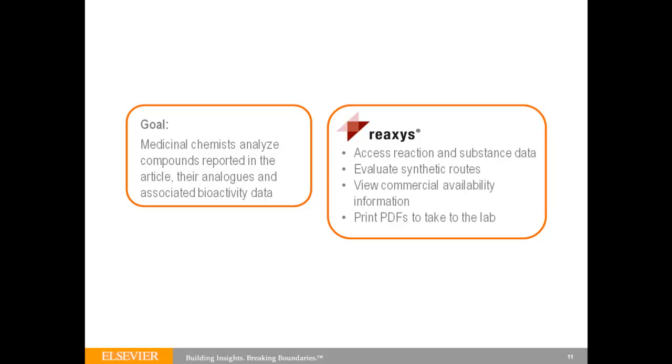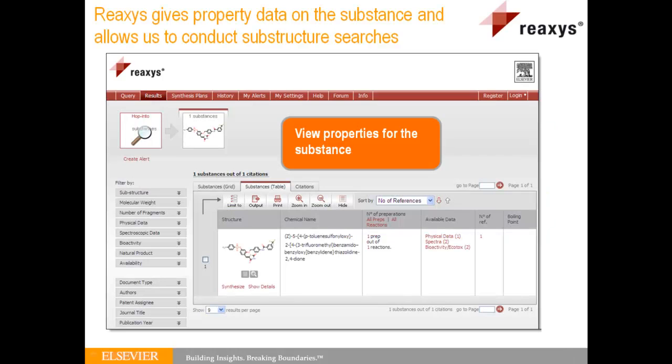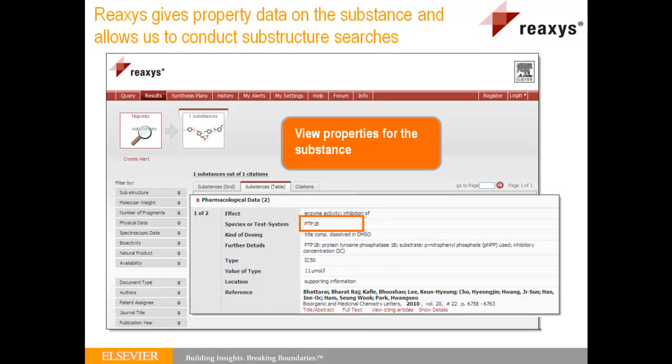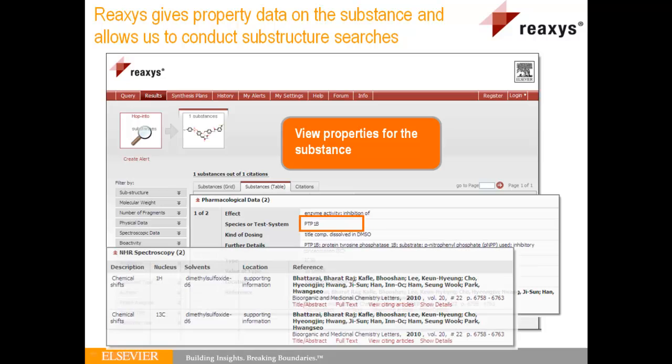In Reaxys, you can view all the detailed compound property information, such as IC50s and spectroscopic data. Here you can verify that the pharmacological data of this compound is against the PTP1B that you are interested in. Notice here that this compound has been shown to have an effect on inhibiting the enzyme activity for PTP1B.